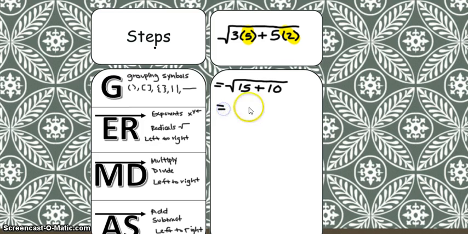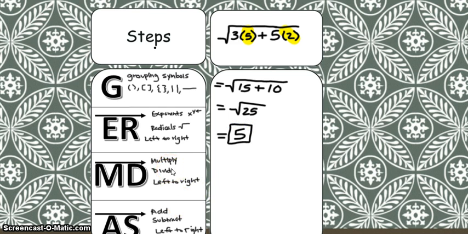Now we can do the adding. We can't do the radical yet because we have to take the radical of the whole inside. So 15 plus 10 is 25. In the square root of 25, we have to think what number times itself equals 25? Well, that's 5. So that is our final answer.